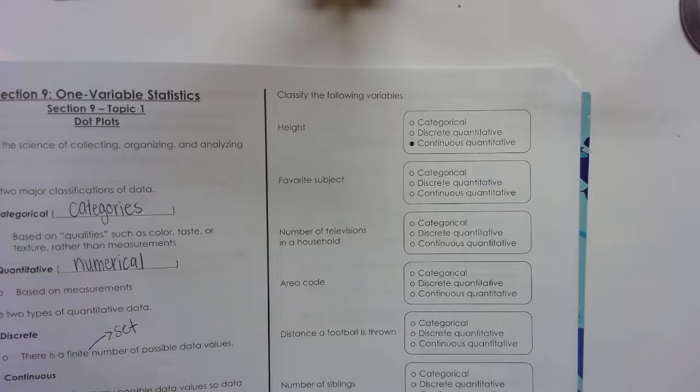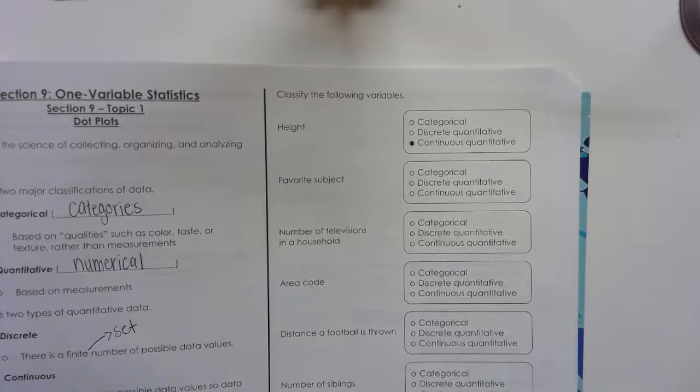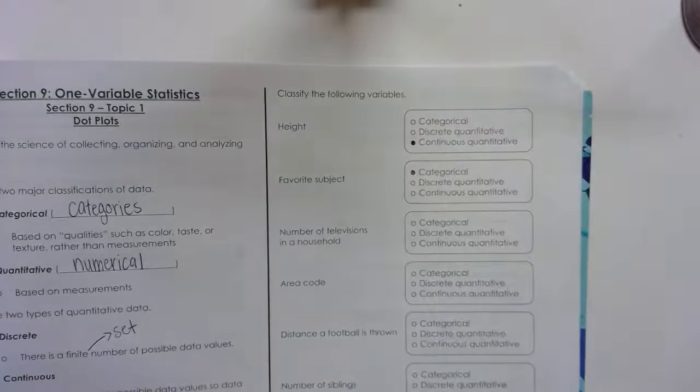Now, there are only specific heights you could have, but there is a huge range of possible heights that you could have, from just bare inches for babies to feet and so on. So then favorite subject. Well, favorite subject is non-numerical, so that would just be categorical.